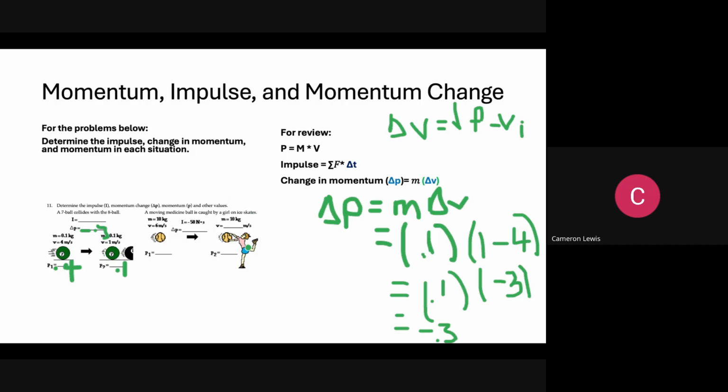But now, what did we just see? We initially calculated the individual momentums. Just like how we said change in velocity is the final velocity minus initial velocity, what do you think change in momentum is also equal to?